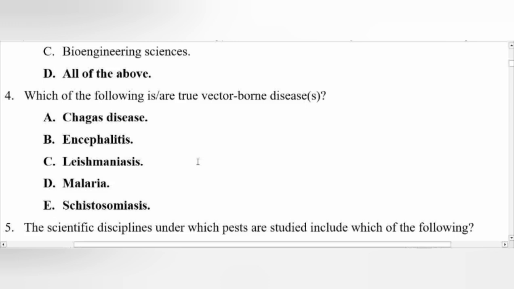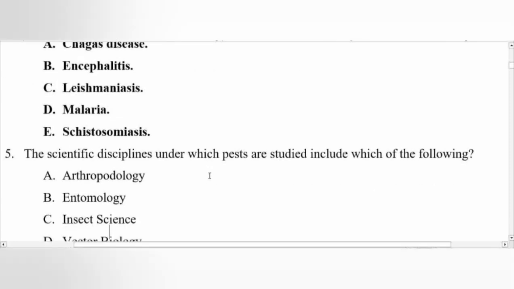In other words, for question number 4, all the options that we have should be chosen as our answers in line with the instruction. Even the question itself is asking us which of the following is or are true vector-borne disease or diseases. So we need to choose all of them.